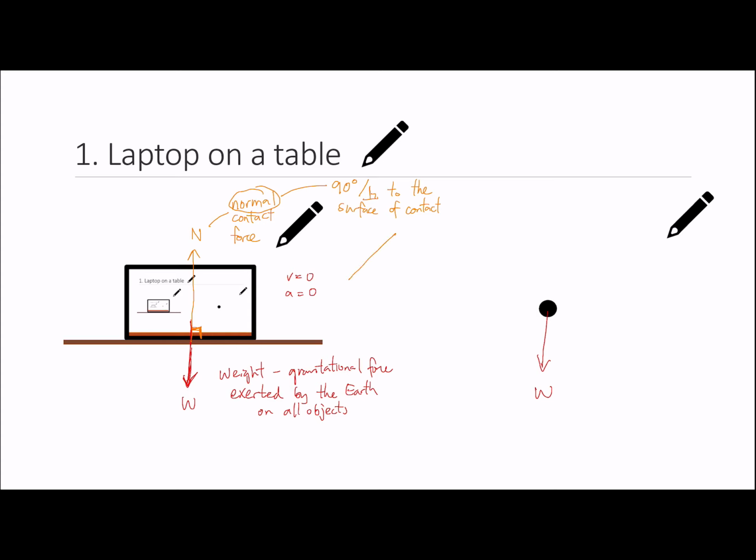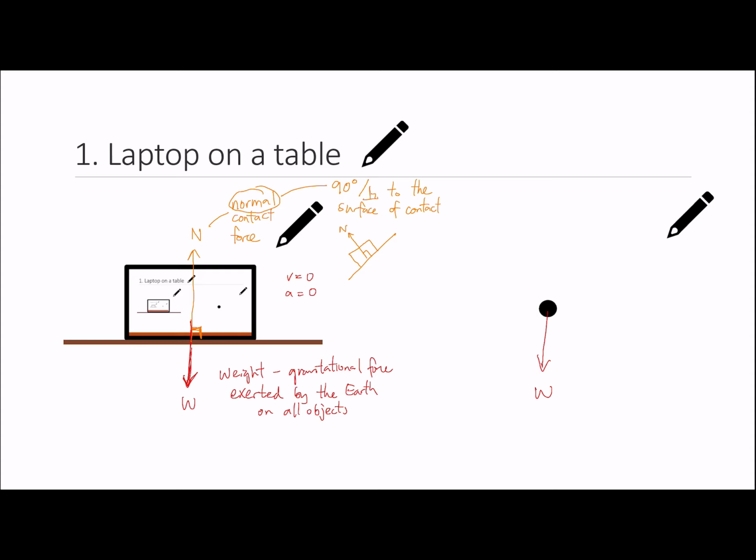So let's say now that I put your laptop on the slope. Please don't actually do this. You might damage your laptop, right? Where is the normal contact force acting on your laptop in this case? It's going to be perpendicular to the slope. So your normal contact force is perpendicular to the surface of contact.